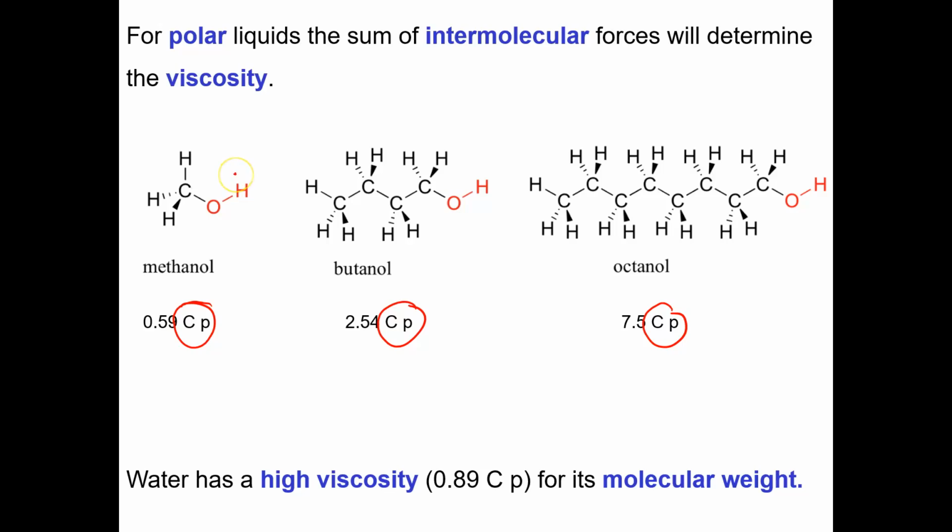Each of these molecules has a polar OH group, which can hydrogen bond, and the molecular weight is being manipulated by adding a longer and longer hydrocarbon chain. So as the hydrocarbon chain grows longer, we can see that the viscosity increases, right? So that's what's happening there.